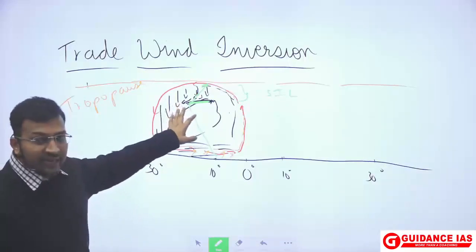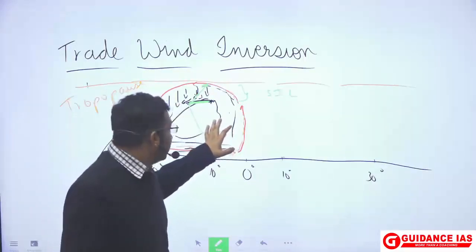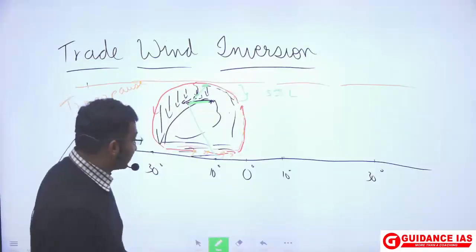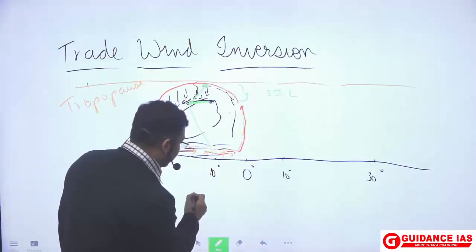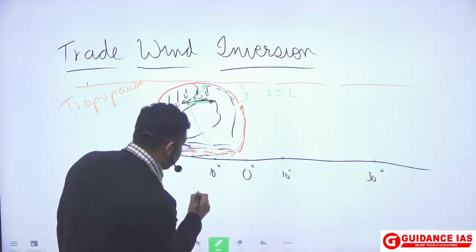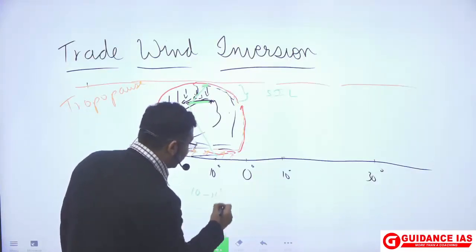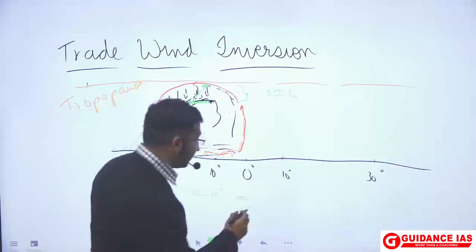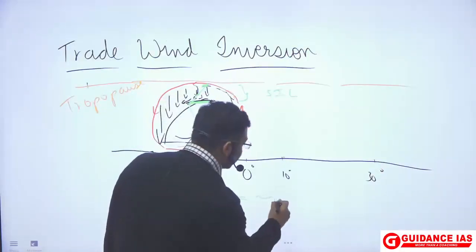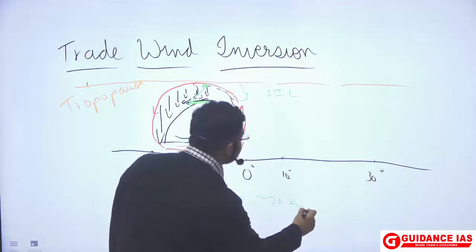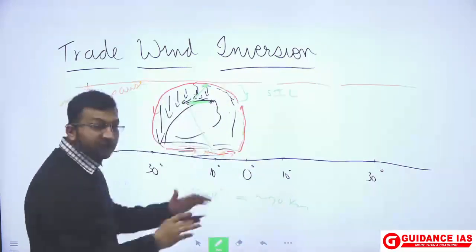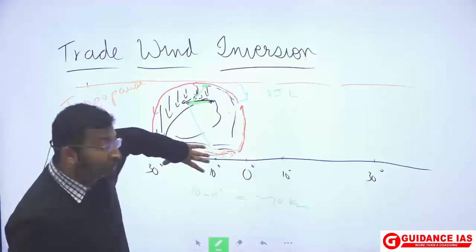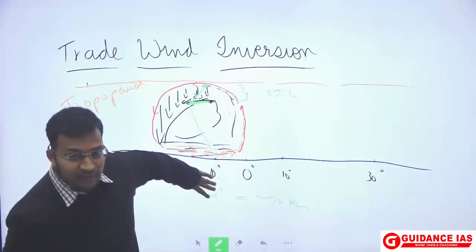This is a diagrammatic representation, but as you might be aware, the distance of one latitudinal degree, let's say 10 to 11 degree, is approximately 70 kilometers. So you can imagine it's a 70-kilometer distance, and we are talking about 10 to 30-degree latitudes.